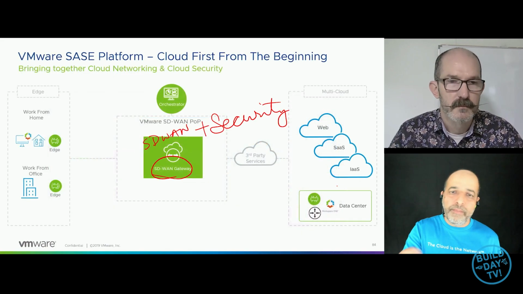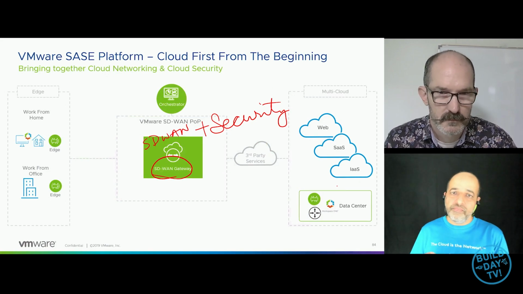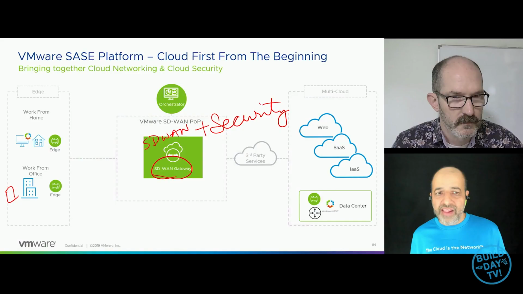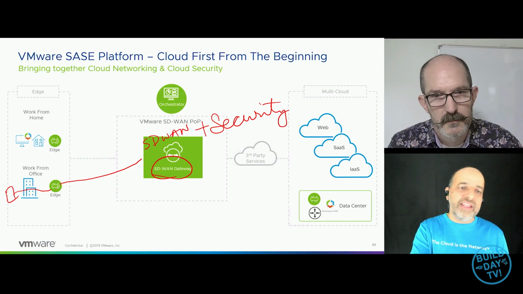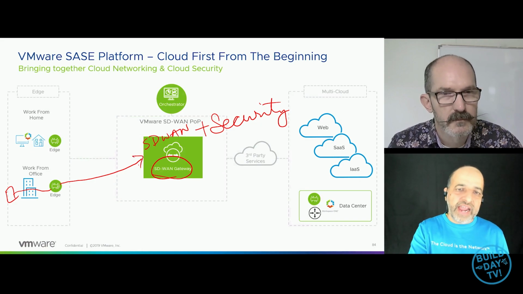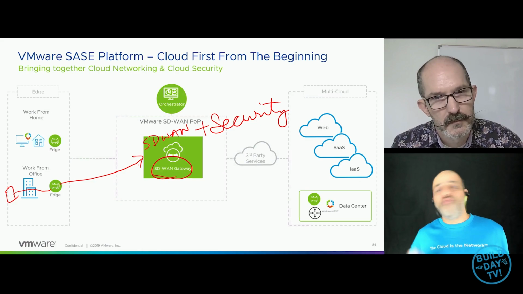All that will be built into the SD-WAN gateway, what we call the VMware SD-WAN POP. So just to give you a scenario, a user with a laptop working from a branch site: the traffic can be protected and optimized using the SD-WAN edge device, and can get redirected to the VMware SD-WAN POP, the SASE POP, for inspection.